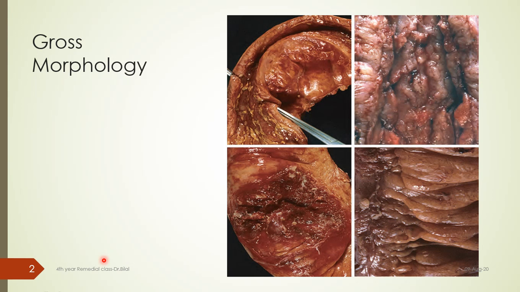Now, when we talk about gross morphology, these pictures highlight some of the important features of Crohn disease. In this picture, you can see a segment of bowel which in this region has narrowed a bit.